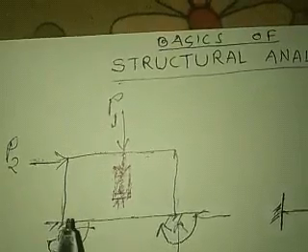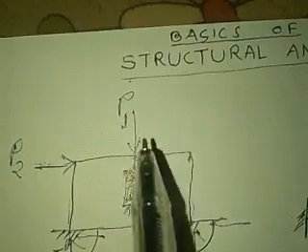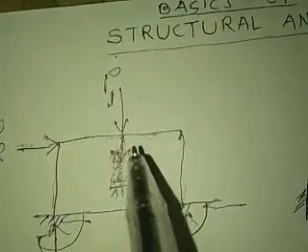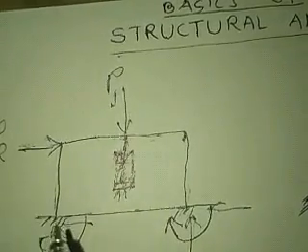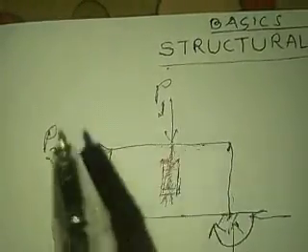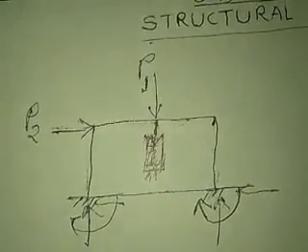Suppose this is a structure and there are two loads acting on it, maybe some kind of swing on this portal frame. There are two loads, I suppose, acting on this structure.